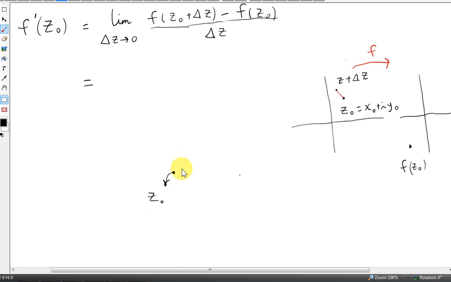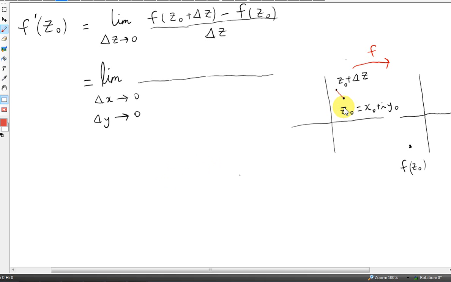This would be our z0 plus delta z, where the complex number delta z would be represented by this vector. It's actually pointing in this direction here. If we take this complex number and subtract z0, we get a complex number which we can think of as a vector with its tail at z0 and its head at z0 plus delta z.